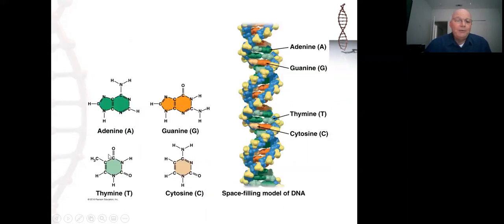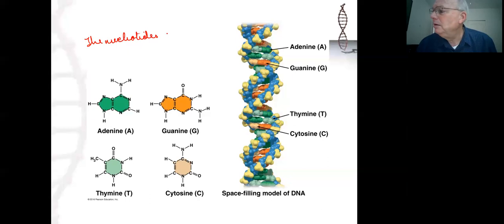So here are the 4 nitrogenous bases, and there is a complementation. We say that the nucleotides complement each other. Complement, or another term for it is base pair.